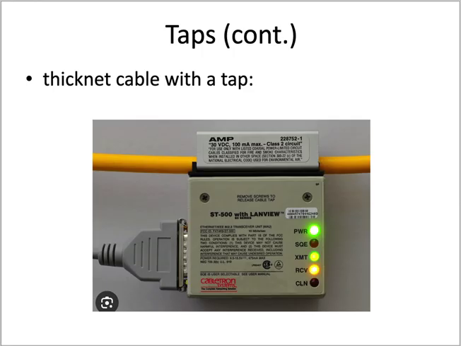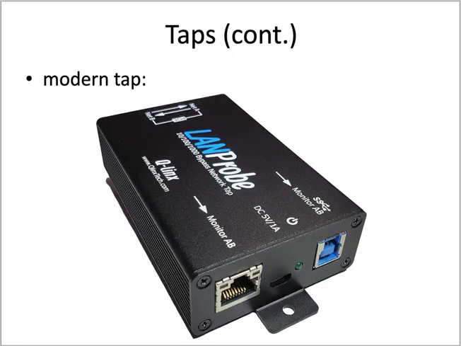And that cable, based on the wavelength of the signal traveling, has little plus or X signs as to where you can tap. So you drill a hole just right to the center conductor, and then you clamp this tap onto it, and then the cable out to the left is a data communications cable that is going to your sniffer or your computer. So a modern tap looks more like this.